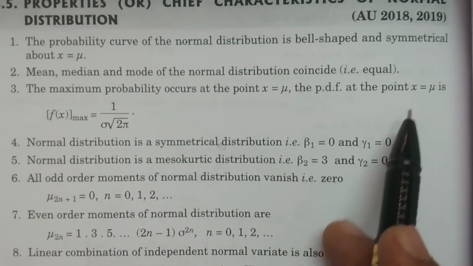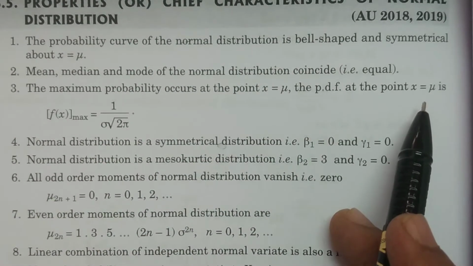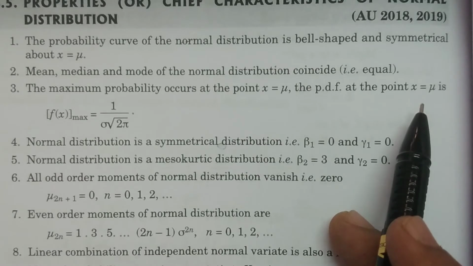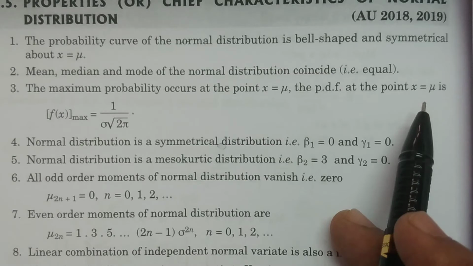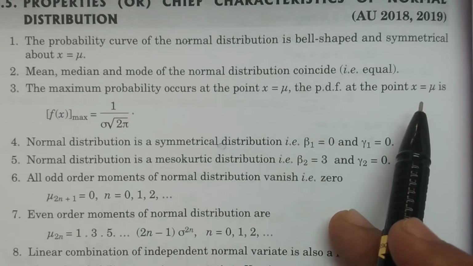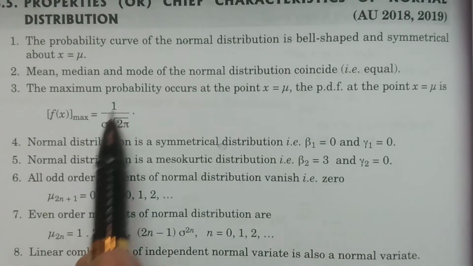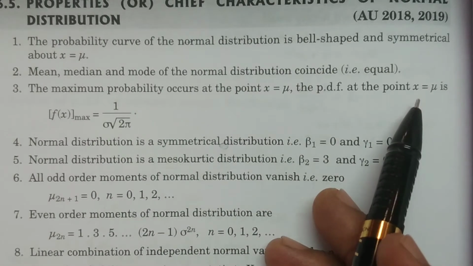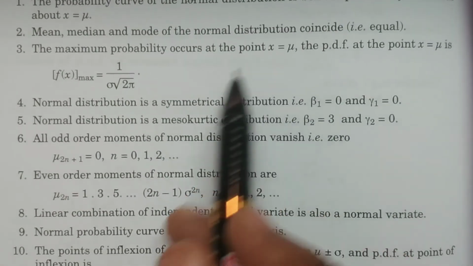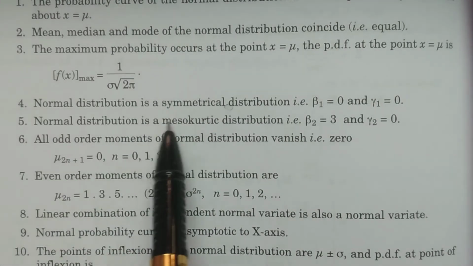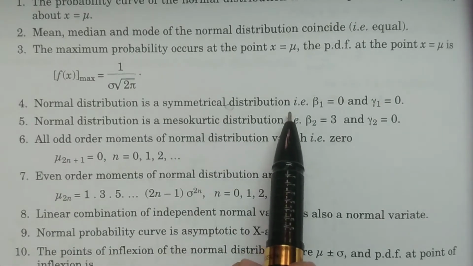If you substitute x equal to mu in the PDF, 1 by sigma root 2 pi e power minus 1 by 2 into (x minus mu divided by sigma) whole square, you will get f(x) maximum equal to 1 by sigma root 2 pi, which is obtained at x equal to mu. Right?